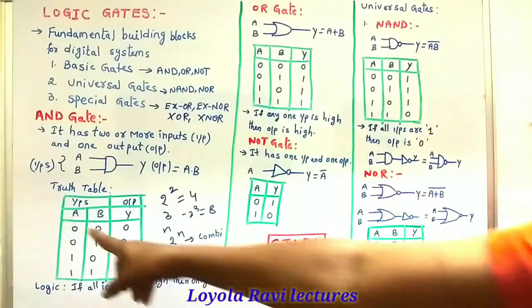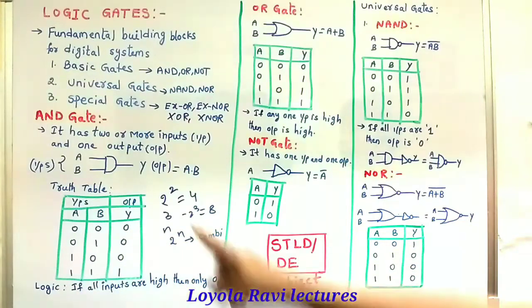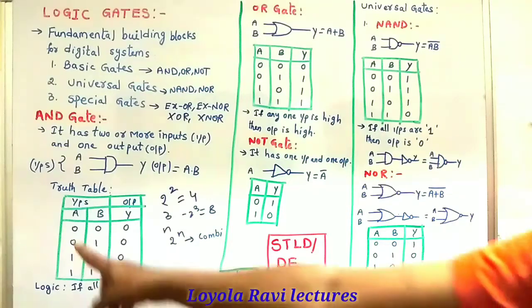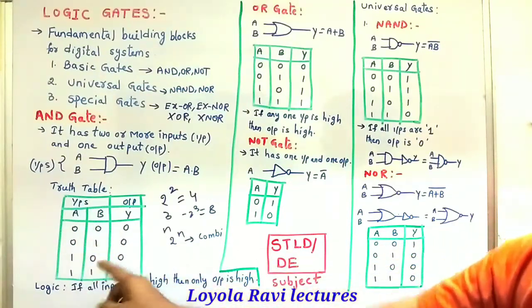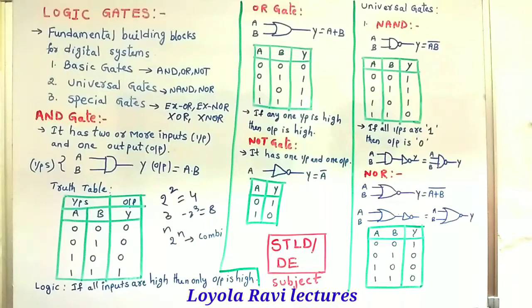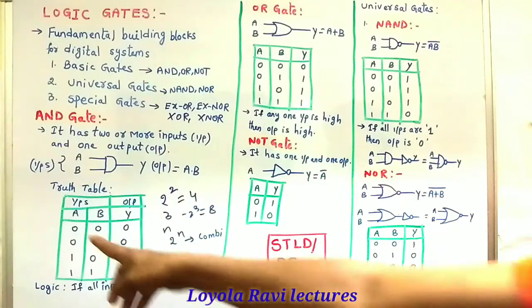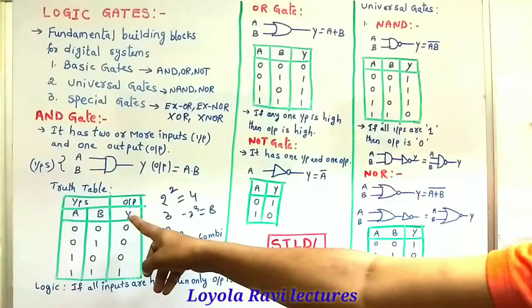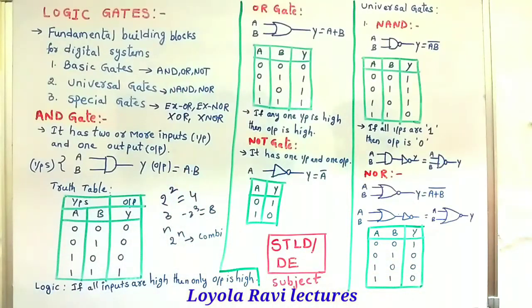Here we have two variables or two inputs. 2 power 2 is nothing but 4, so we have to take 4 combinations. For example, I am taking 0 and 1. The possible combinations are 00, 01, 10, 11. For any two-variable gate, the possible combinations are 4. And here the output is Y is equal to A into B. We have to write the output.